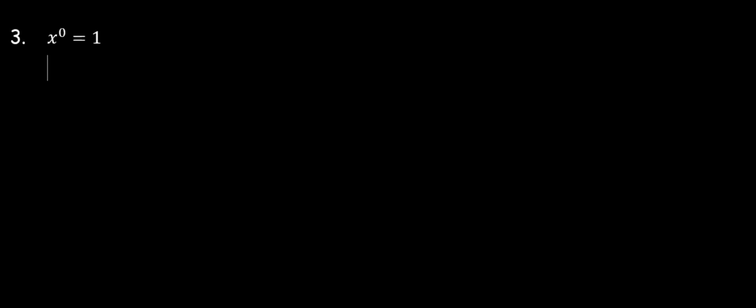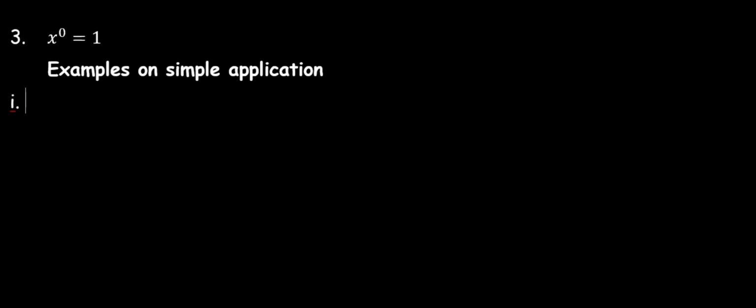Examples on simple application. 2 raised to power 0 is equal to 1. 10 raised to power 0 is equal to 1. Open bracket 3 times 4 square bracket close raised to power 0 is equal to 1.